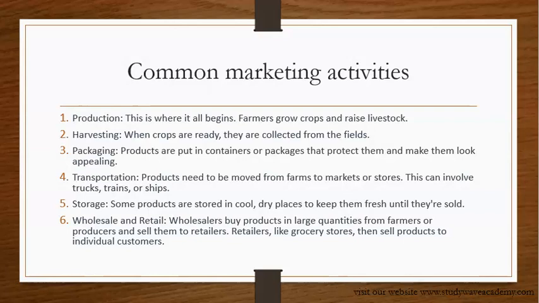Wholesale and retail: wholesalers buy products in large quantities from farmers or producers and sell them to retailers. Retailers, like grocery stores, then sell products to individual consumers. So these are common marketing activities. Okay?